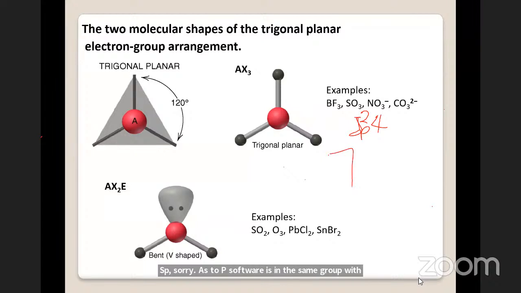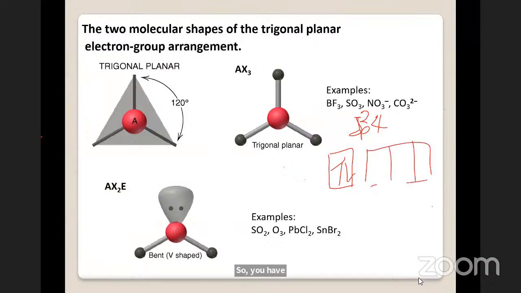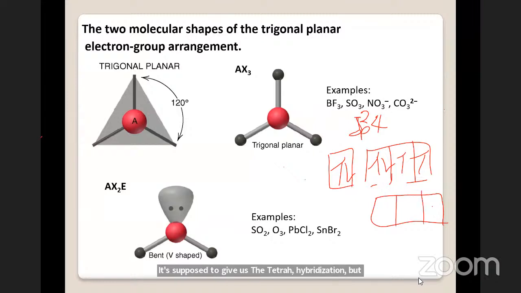So you will have that, and you will have 1, 2, 3, 4. When it undergoes hybridization, it's supposed to give us a tetrahedral. It's supposed to give us a tetrahedral hybridization, but it will not. It will give a distorted trigonal, with d. 1, 2, 3, 4, 5.